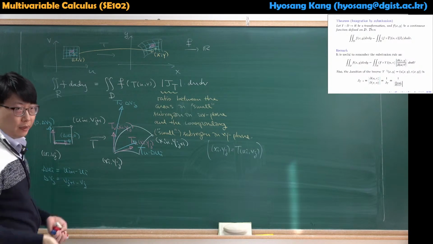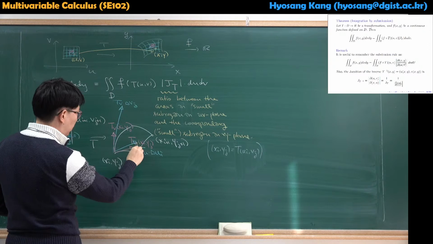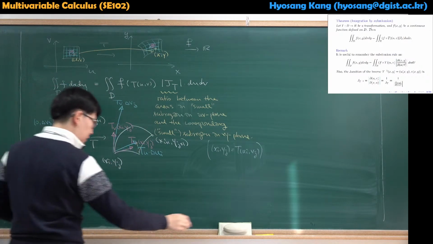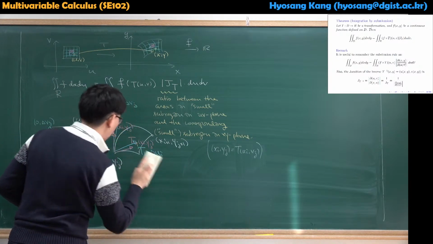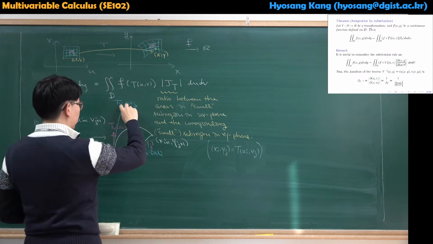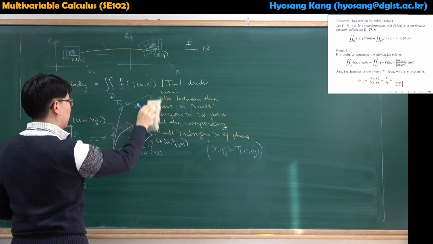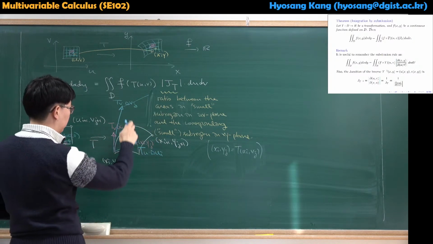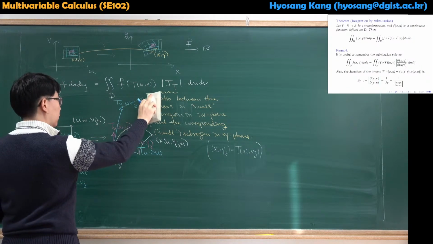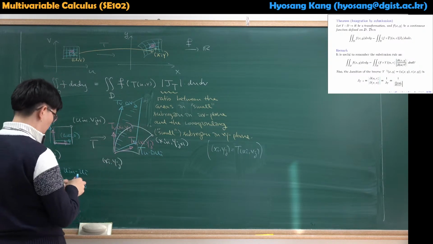Again, I'm exaggerating the picture. The original area of this region is not a parallelogram, but when I approximate it with the parallelogram bounded by these two vectors, I get this area. Okay, so here the blue one and the white one.